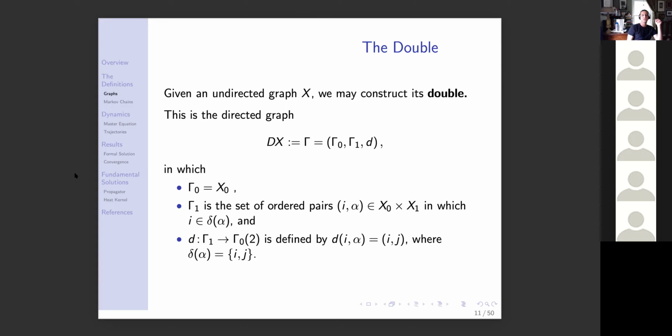And the attaching map in this directed graph sends the ordered pair (i, alpha), where i is a vertex and alpha is an edge, to ij, where j is the other vertex of that edge. So that's all it is.